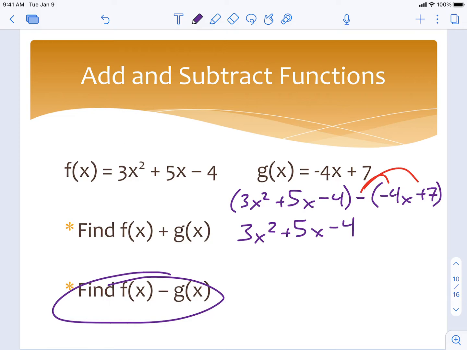Okay, so when we're subtracting, right, now I'm putting them in parentheses just so that I know, as a reminder, that I need to distribute the minus into the second parentheses and change the signs. So the first one, the signs don't change. This one, the signs do. And then it's just the same as the addition one, right? We're just combining like terms.